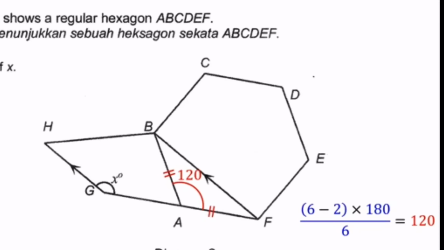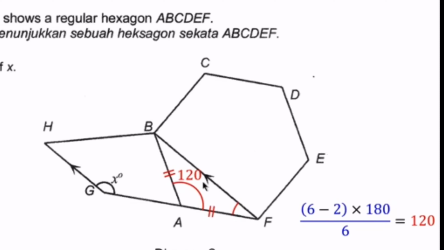Now the hexagon is a regular hexagon, with 6 sides which are equal. So from there we write n equals 6, right?